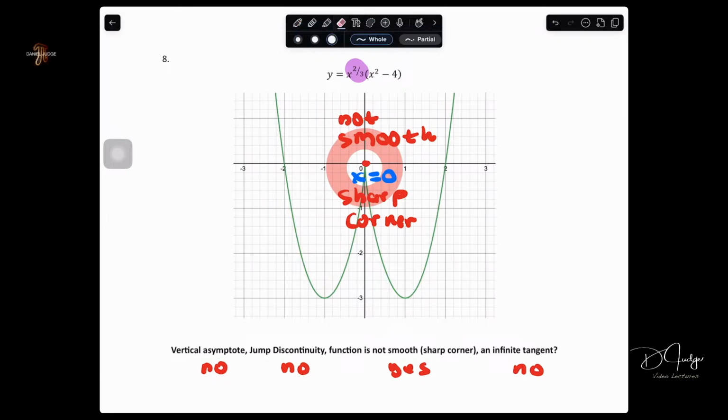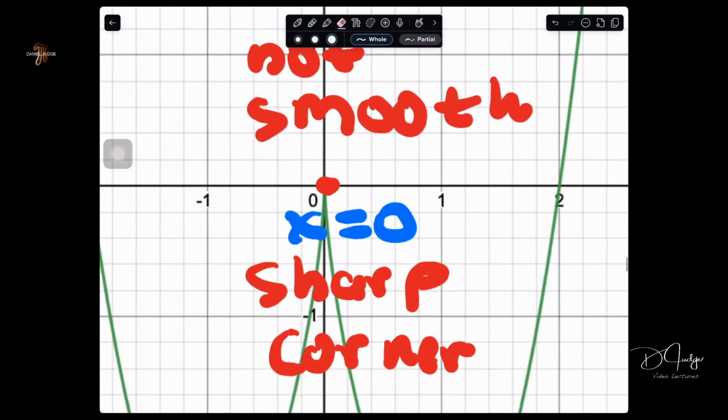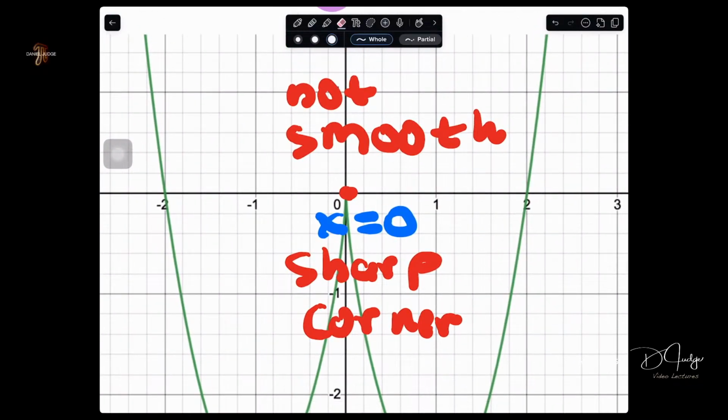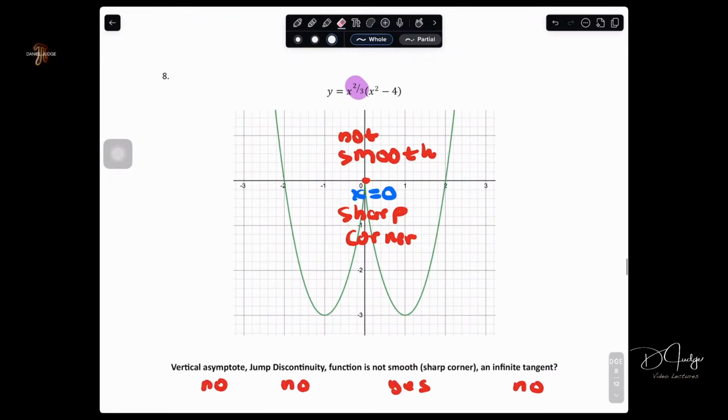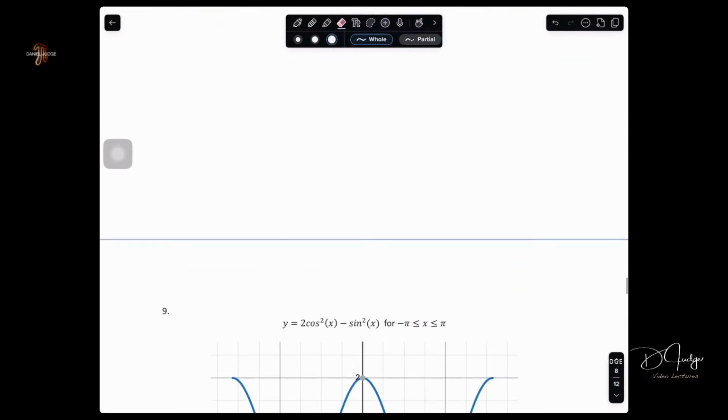Now let me erase this so you guys can see a little bit better. But that's what we mean by it's not smooth at 0. Sharp corner at 0. All right, that's number 8. Let's continue.